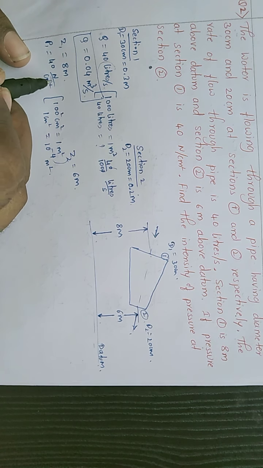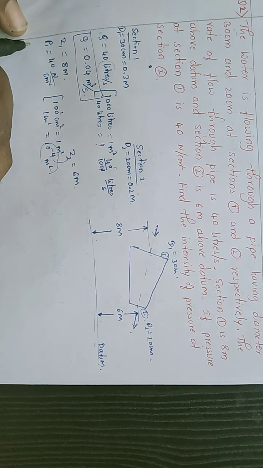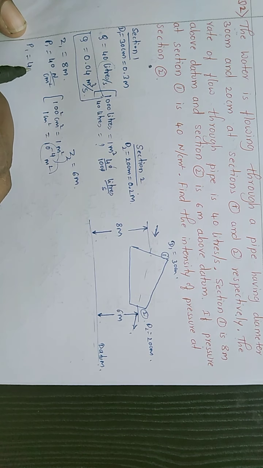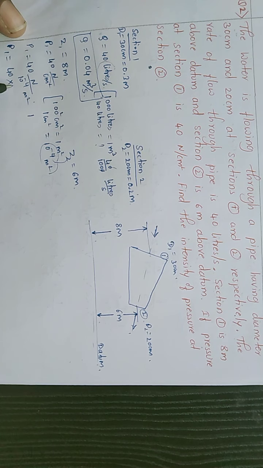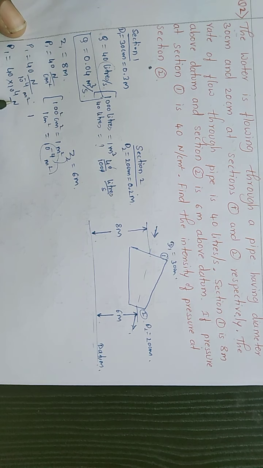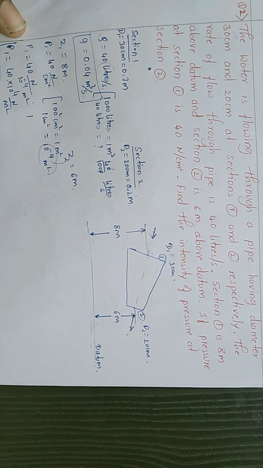Where centimeter square is there, you substitute this. So P1 is 40 newton per 10 raised to minus 4 meter square, which I can write as P1 equal to 40 into 10 raised to 4 newton per meter square.